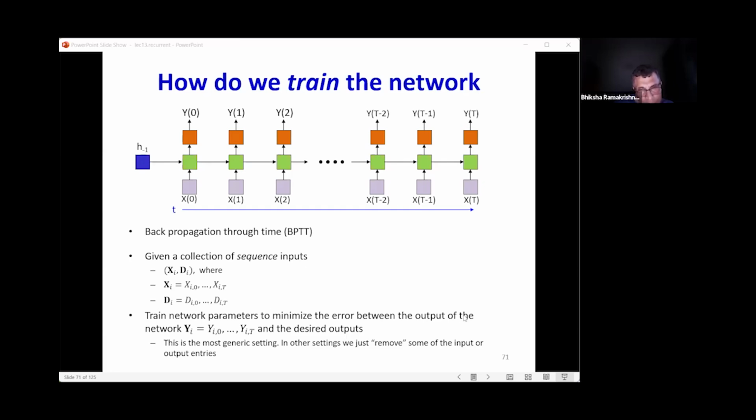And you want to train the network parameters to minimize the error between the sequence output by the network and the desired output sequence. Again, it's not the sum of errors at each time. The desired output is an entire sequence. The actual output is an entire sequence. And the error that we compute is between the output sequence and the desired output sequence. And the network is trained to minimize this error.